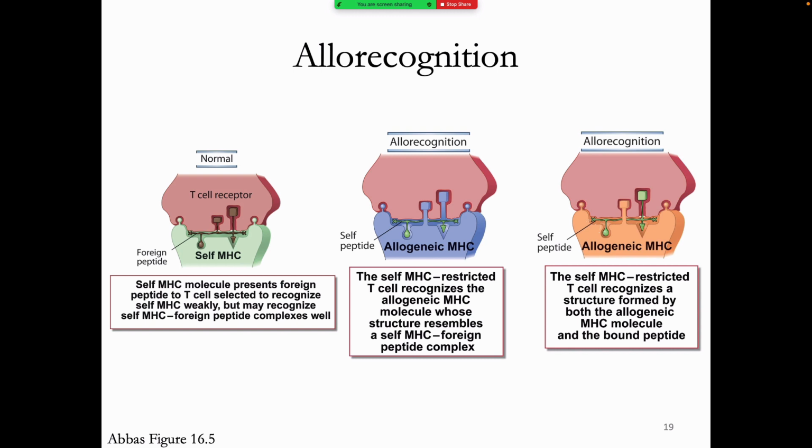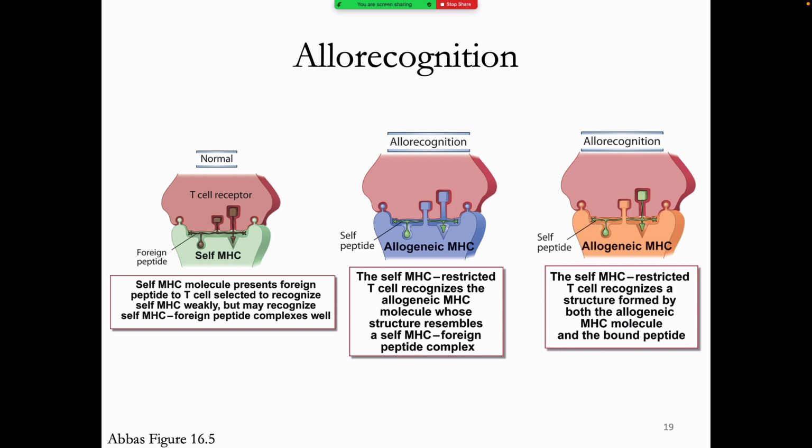Here you can see an example of the self-MHC presenting a peptide to the T cell receptor. And the T cell receptor is seeing this entire surface of MHC plus peptide. You can see the T cell receptor is making contact with the little knobby amino acids at the end of the MHC, as well as making contacts with the square amino acids of the peptide, and that's turning the T cell on.